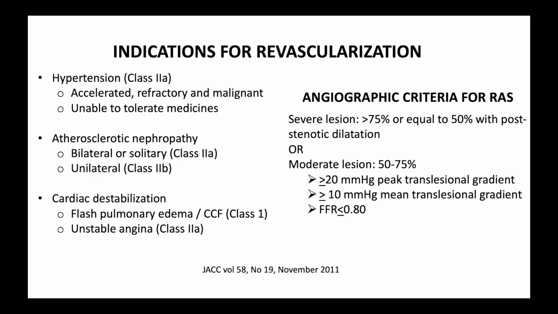Or if the lesion is moderate, say around 50 to 75% stenosed, then you can either do an FFR, and it will be significant if the value is less than or equal to 0.80, or you can do a peak to peak gradient. So it's a peak translesional gradient of more than 20 millimeters of mercury, or a mean translesional gradient of more than 10 millimeters of mercury. That means that the moderate lesion is functionally significant.